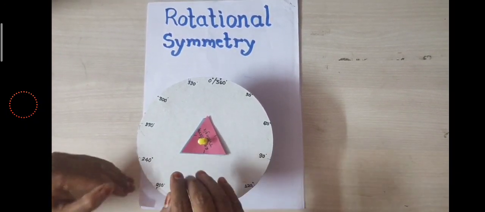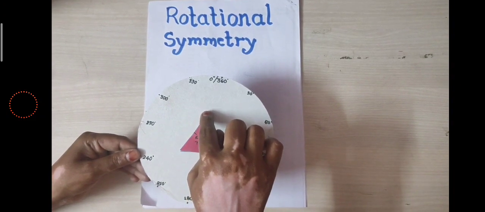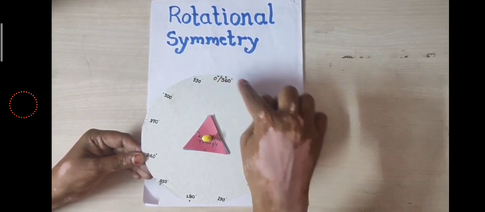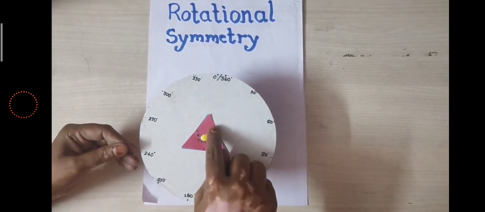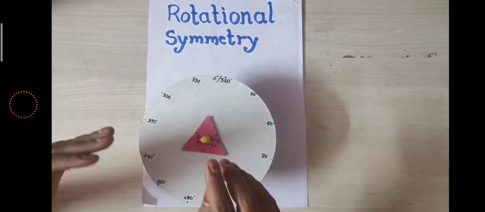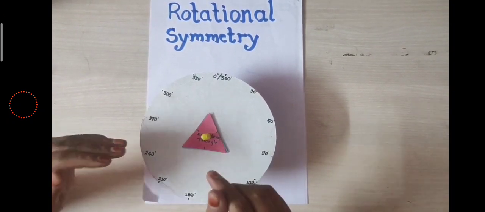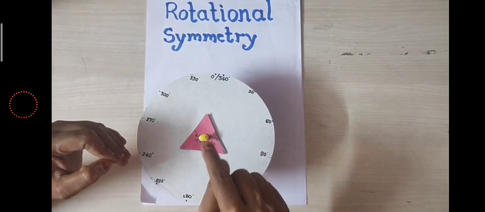Now again we are going to rotate it, and from 240 it went to 360. So the third time, that is the completion. From 0 the rotation has been taken to 360. That means one complete rotation. The pink triangle has completely hidden the blue colored original one. How many times?